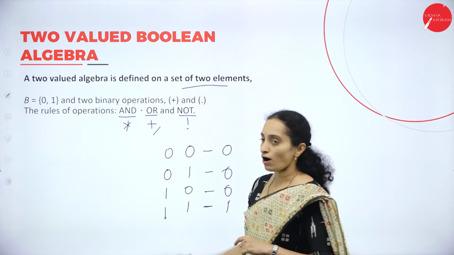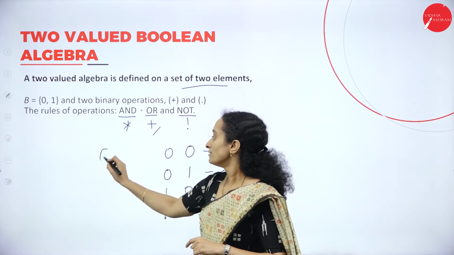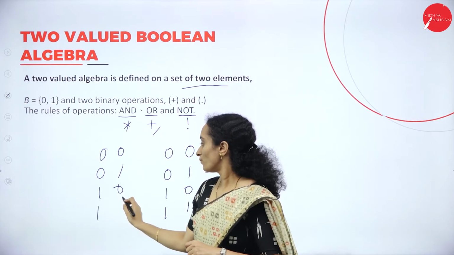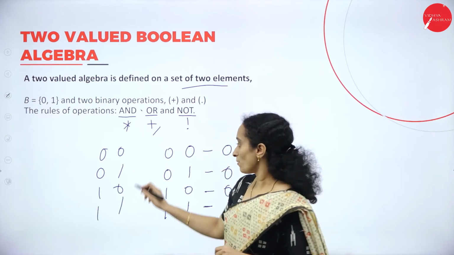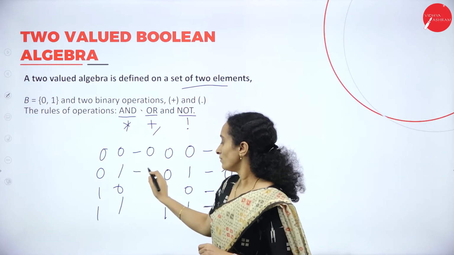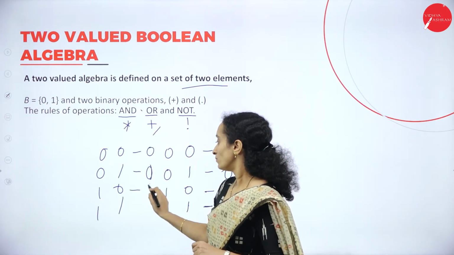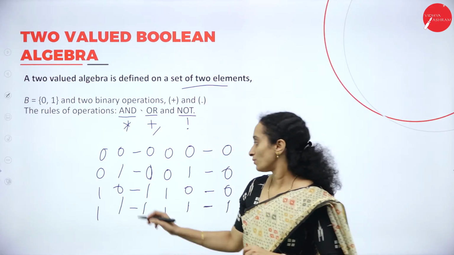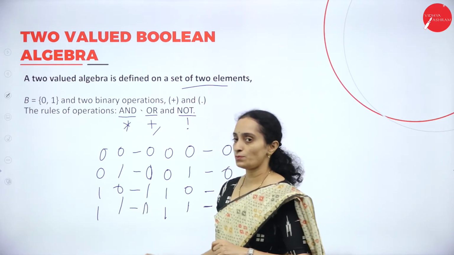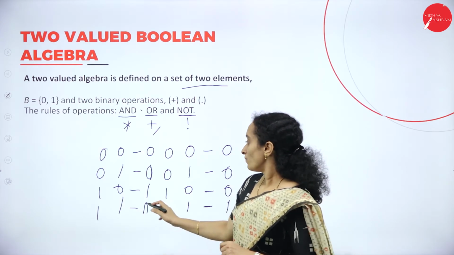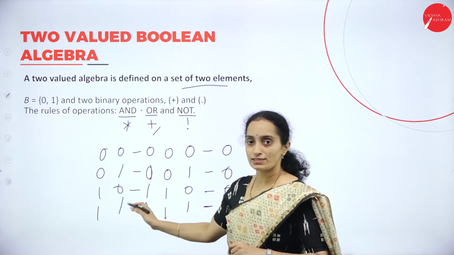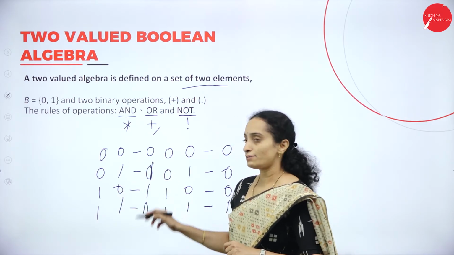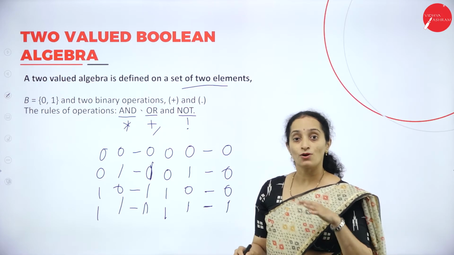With respect to OR, we can have 0 0, 0 1, 1 0, 1 1. When you apply the plus operator here, this will be 0, 1, 1, and again 1, so 1 plus 1 is 1. So what does it say? If any one of the states is 1, the result will become 1.